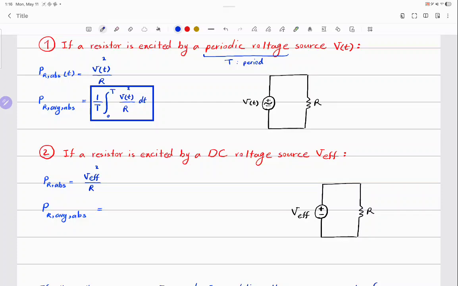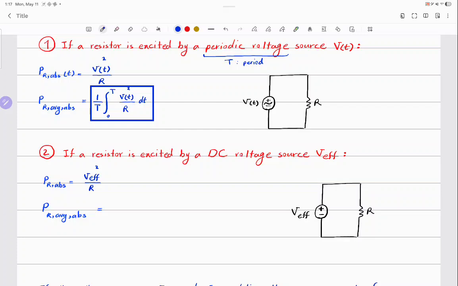Now, what is the average power absorbed by the resistor? Yes, always. But let me give you an example. Let's say for the third exam, all of you get 39 on your exam, okay? 39.